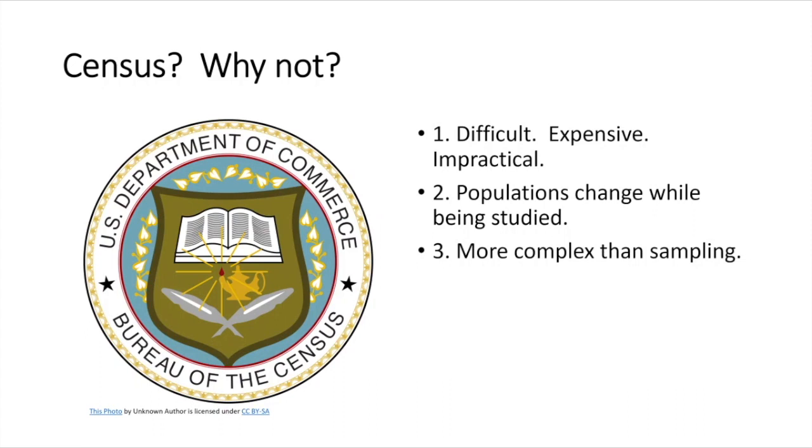People cost money by sending them places. There's travel expenses. And also, populations are changing while they're being studied. People, for example, are moving in and out of areas as you try to study those areas. And it is more complex than just sampling. Usually we don't take a census. Although, if we had our choice and a census were free, we'd take it.